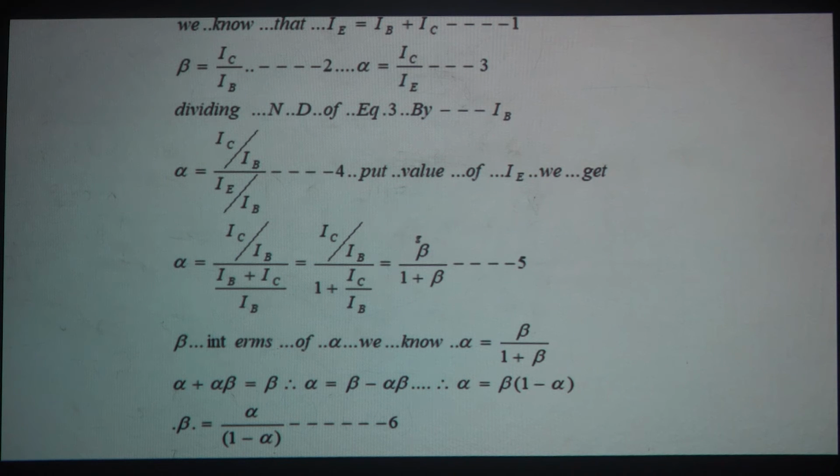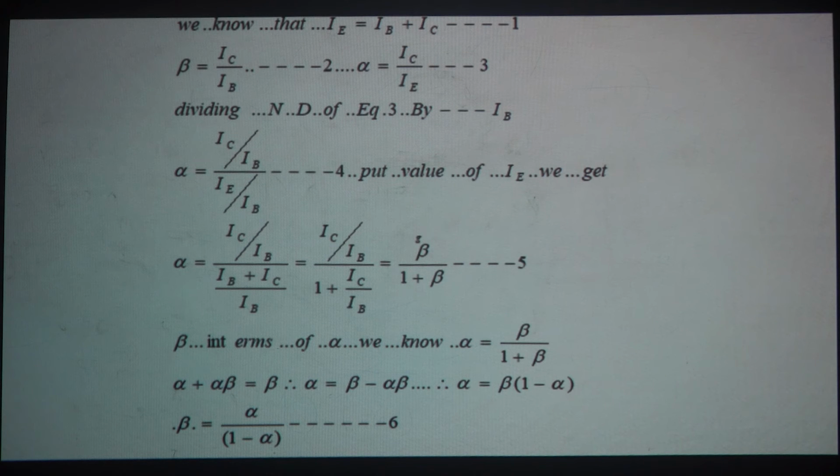IC divided by IB is equal to beta. So I will get alpha is equal to directly beta divided by 1 plus beta. That is my equation number 5.